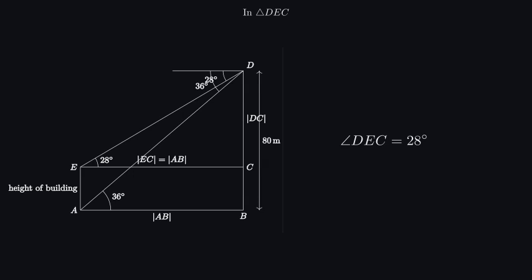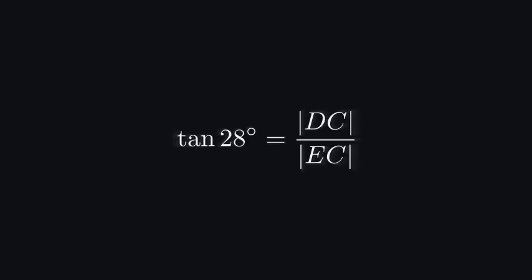So we use tangent again. Now substitute. Length of EC equals 110.1117 m. So length of DC equals 58.5464 m. Remember, this is not the height of the building. It is the part of the tower above the building.